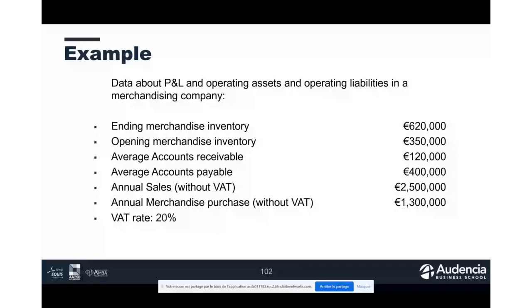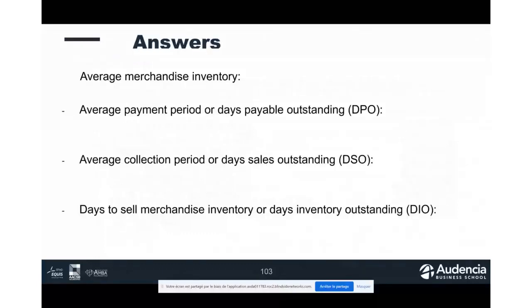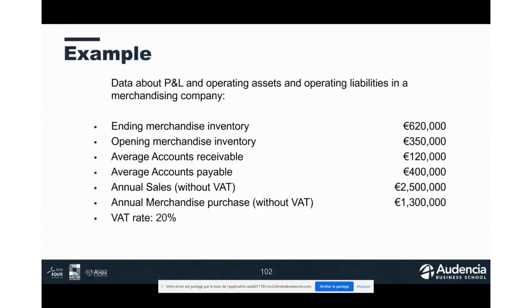So from all this data, we can calculate the days payable outstanding, the days sales outstanding, and the days inventories outstanding. So I need averages. I already have average accounts receivable and average accounts payable. From this one and this one, I can have the average merchandise inventory.